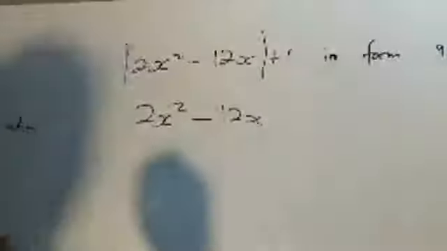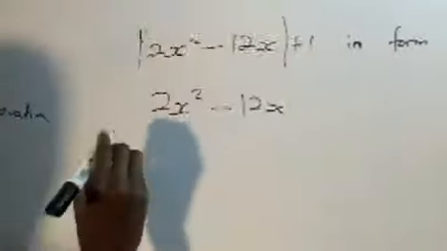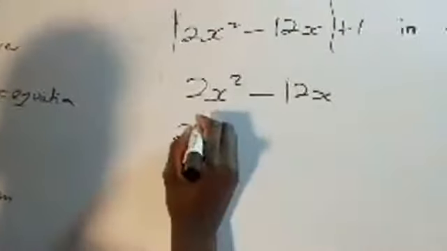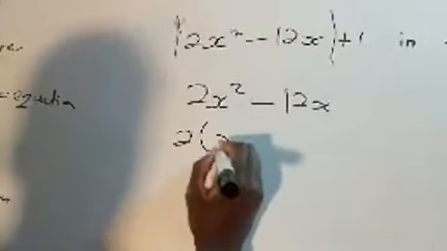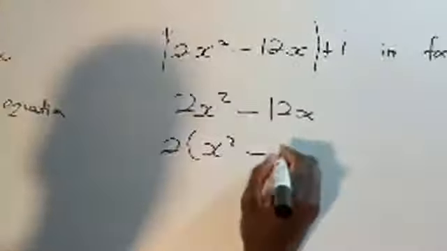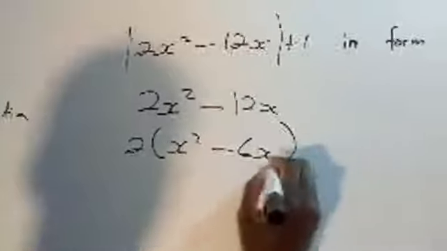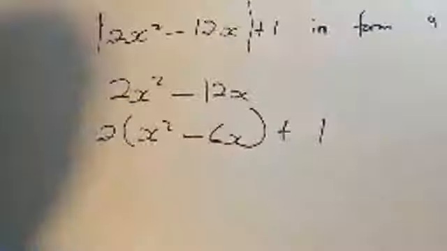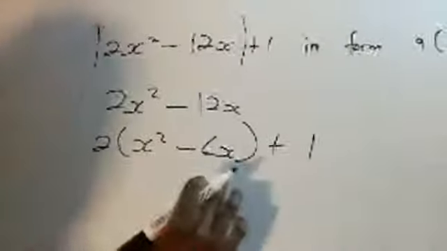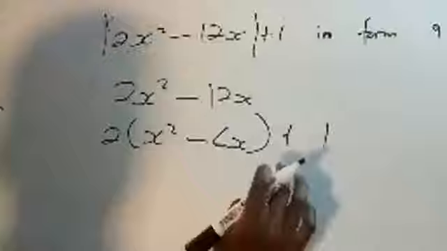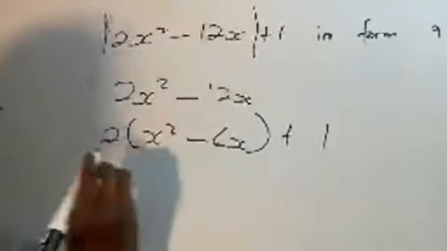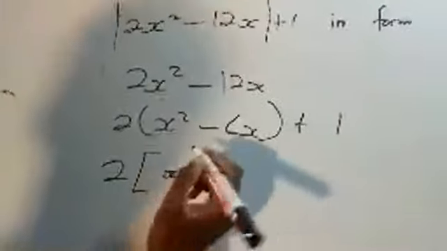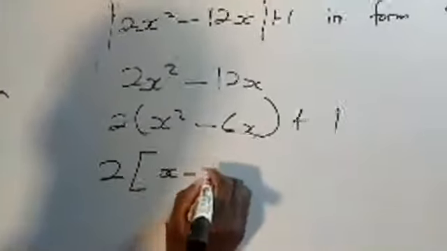So we factorize out 2, which gives 2 into x squared minus 6x, plus our 1 also, and then we complete the square of this bracket, which will be 2 into x minus 3.